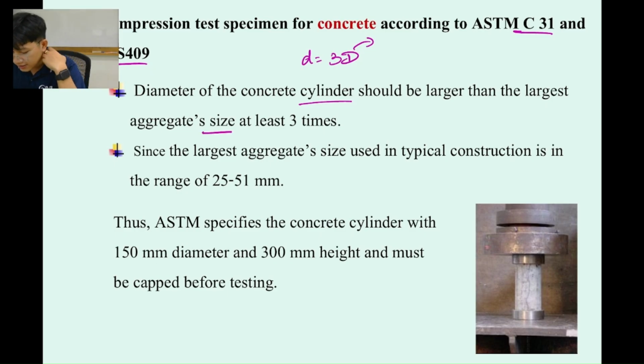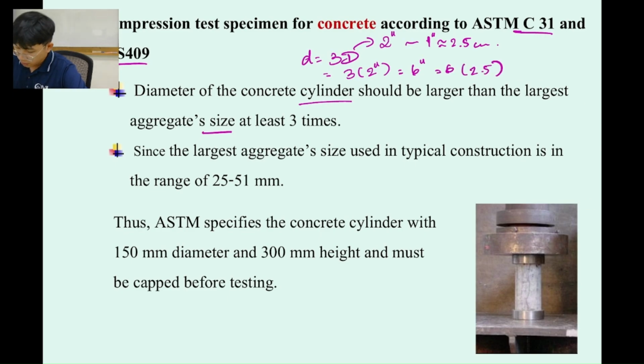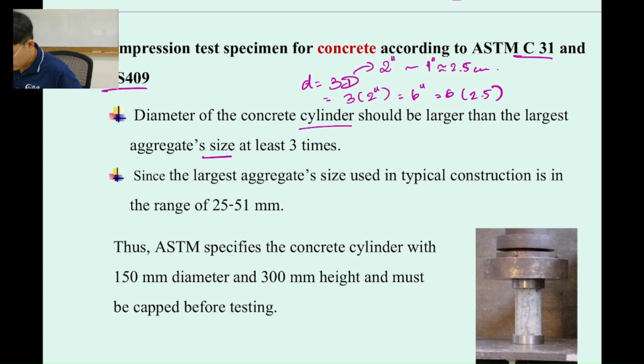Okay, the aggregate size can go up to 2 inch, where 1 inch is about 2.5 centimeters, which means if you substitute it in here, it's 3 multiplied by 2 inch, which is 6 inch diameter. So it's approximately 15 centimeters, okay.